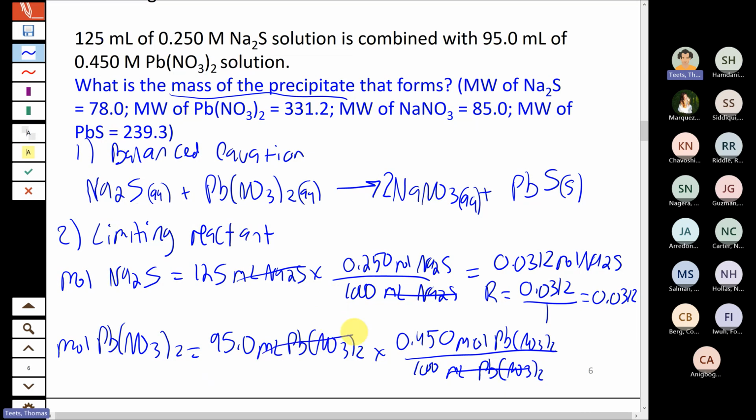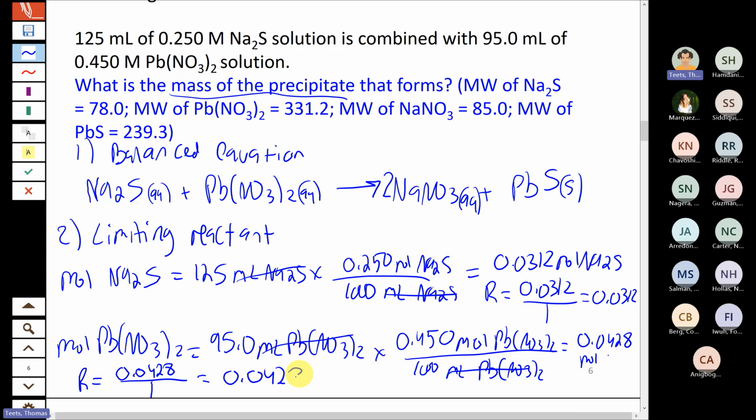So milliliters cancels out, and we end up with 0.0428 moles of that compound. I won't read the whole thing out. And then the stoichiometric ratio for that is just that number divided by the coefficient. Coefficient for lead nitrate is also 1. You don't need any coefficients on that to balance it, so it's the same number.